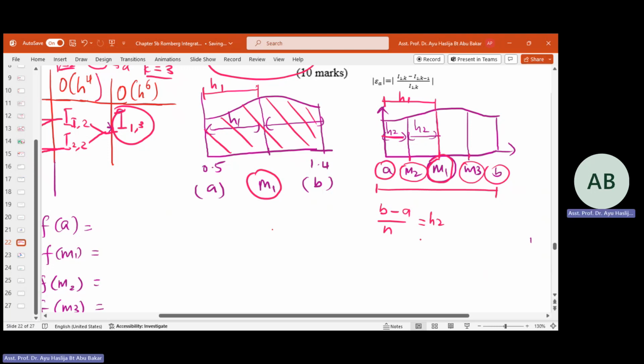For h2, what do you get? h2, not M yet, h2. 0.45? Wait, let me check.